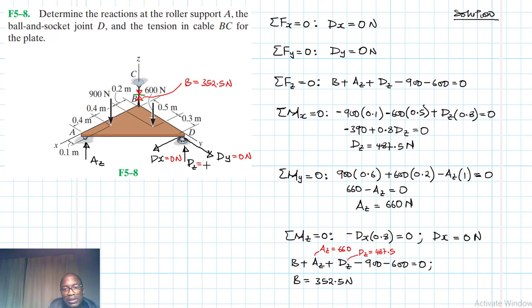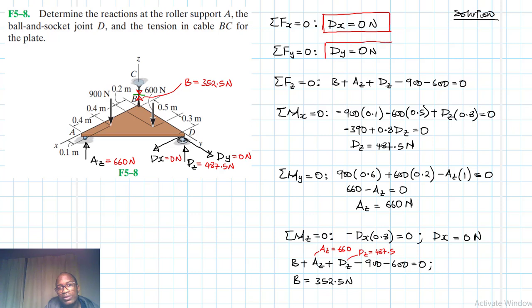then we have DZ equal to 487.5 newtons, and then we have AZ equal to 660 newtons. Let me just outline all the solutions. DX is equal to 0, alright.